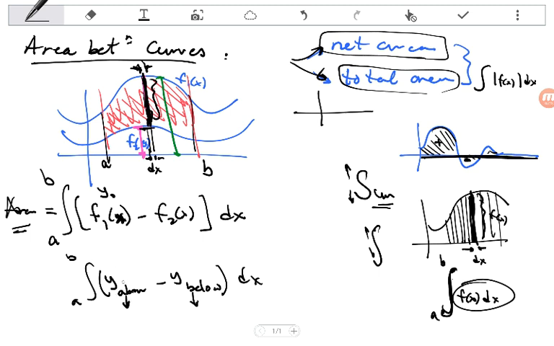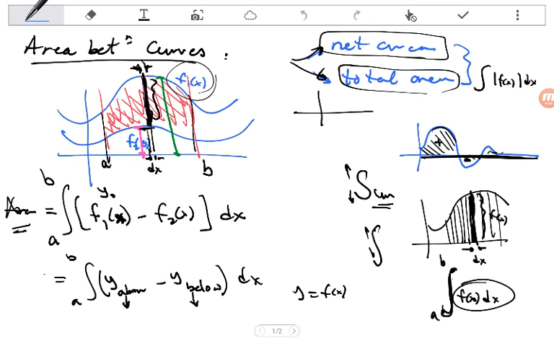When I say y above, it is equal to some f of x. I should determine if it is f1 or f2 from the graph of the function, by knowing what function is the above function and what is the below function. Okay, so this is the first law.